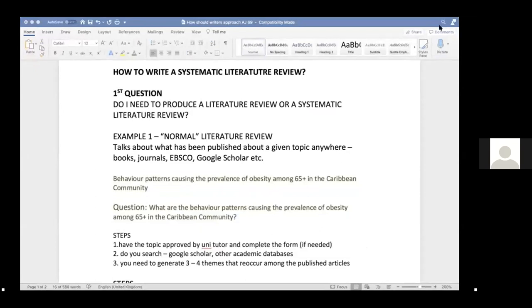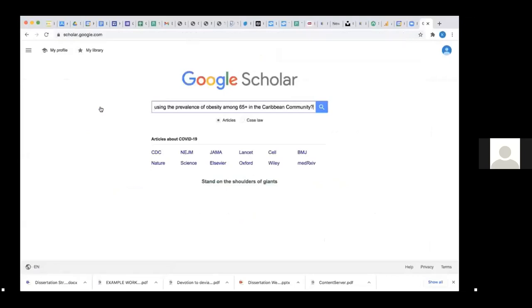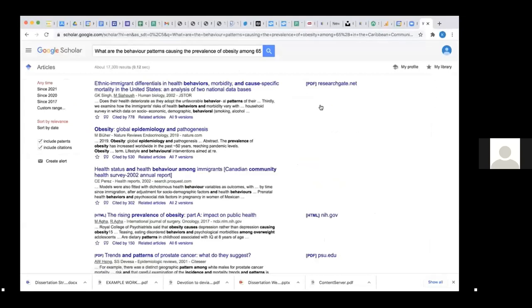So I'm going on Google Scholar and pasting the question. Obviously, you need to always think about what you will include and how long back you will look. I don't want any patents or citations.